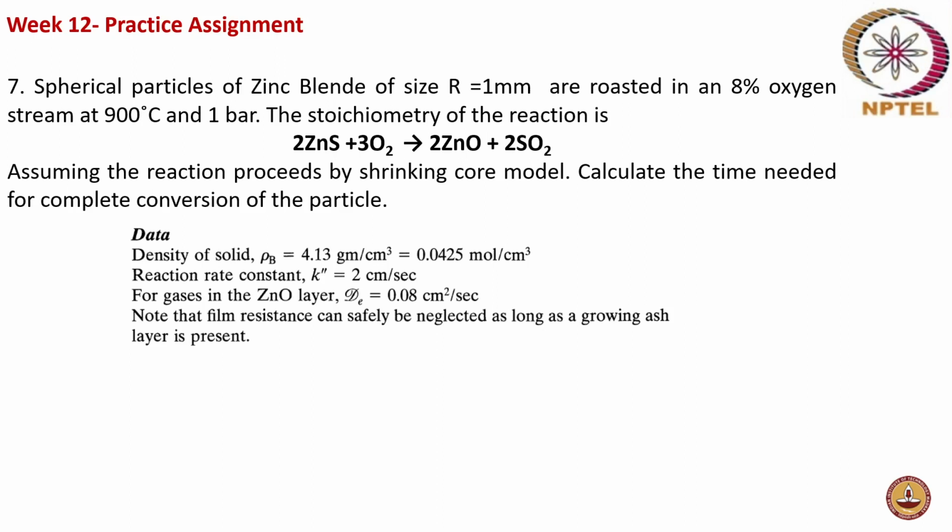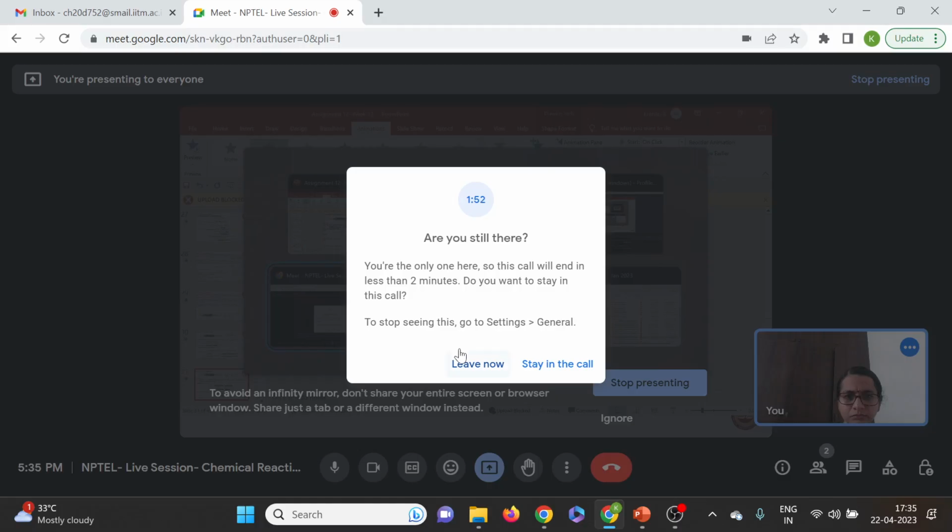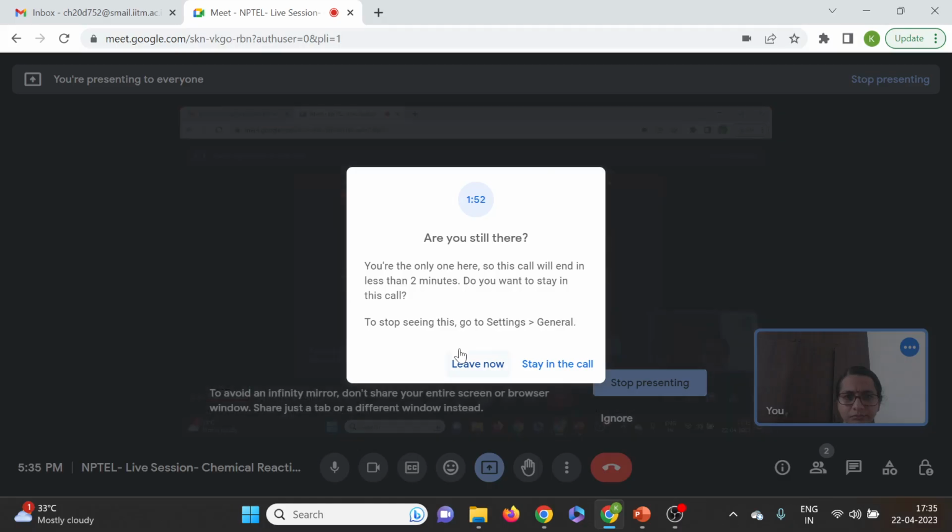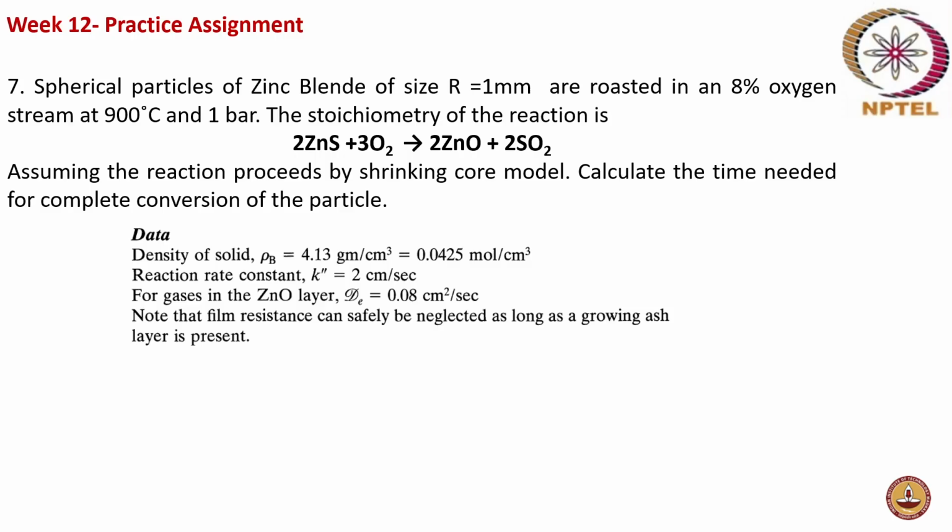Okay, they have also given additional data: density of solid rho B is equal to 4.13 gram per centimeter cube, that is equal to 0.0425 mole per centimeter cube, and the reaction rate constant k double prime is equal to 2 centimeter per second.